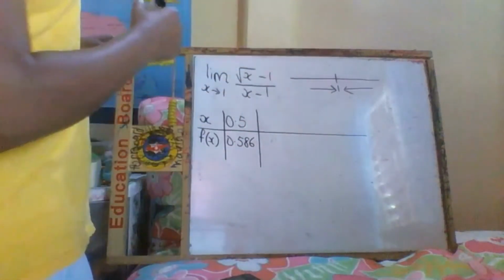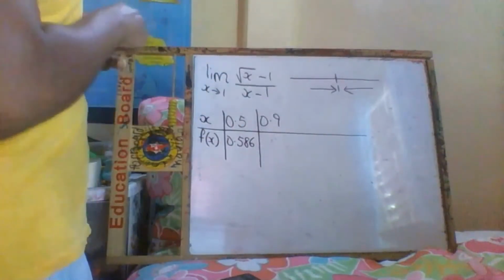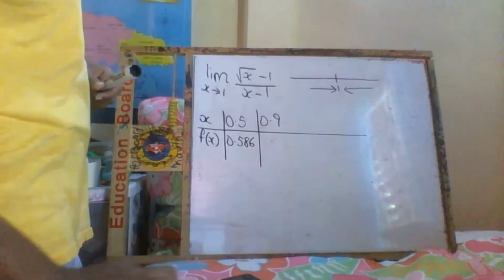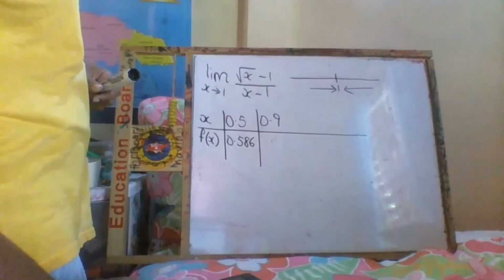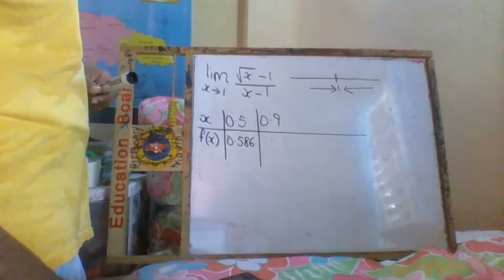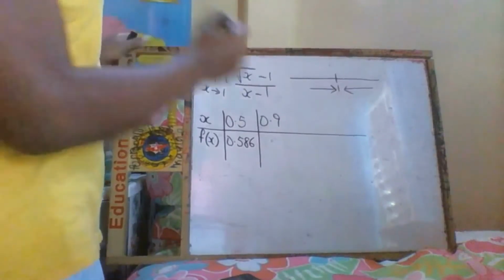And let's get even closer to 1. Let's plug in 0.9. Right, wherever there's an x, we're going to place 0.9. We end up with 0.513.